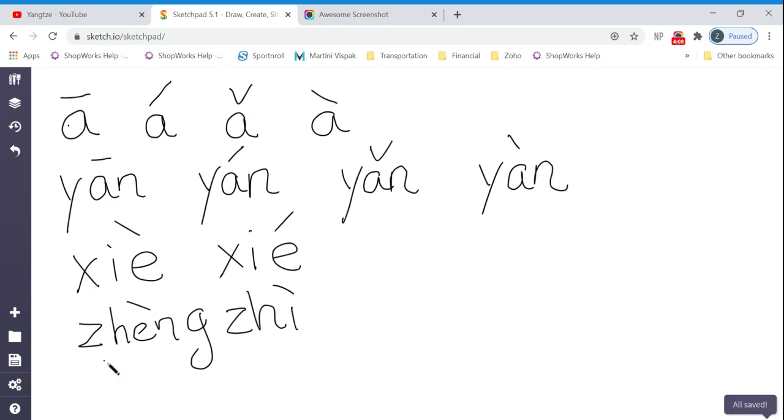So another one. For example, this 政, 政治, it means politics.